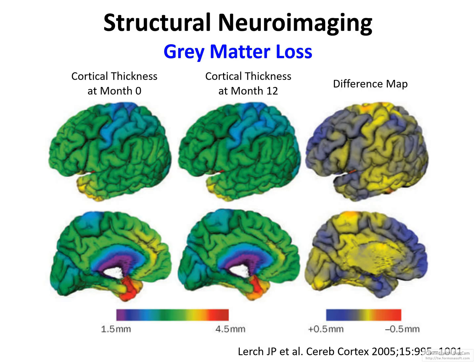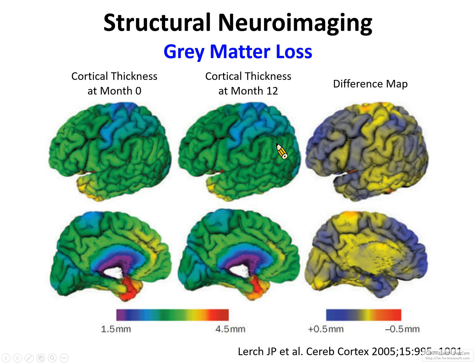And there's also a very elegant study published in 2005 showing that there is already a significant gray matter loss even only 1 year after the diagnosis. These columns show the cortical thickness at the time point of the AD diagnosis, and this middle column shows the cortical thickness 1 year later.